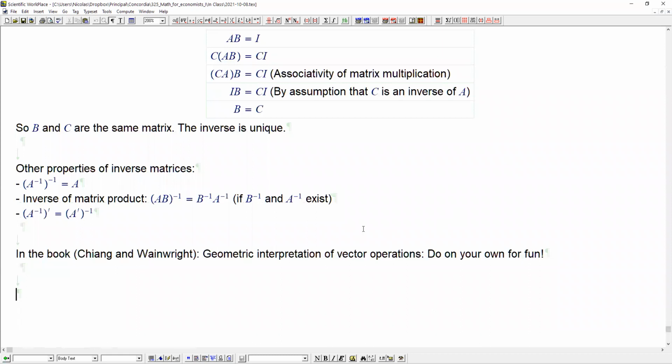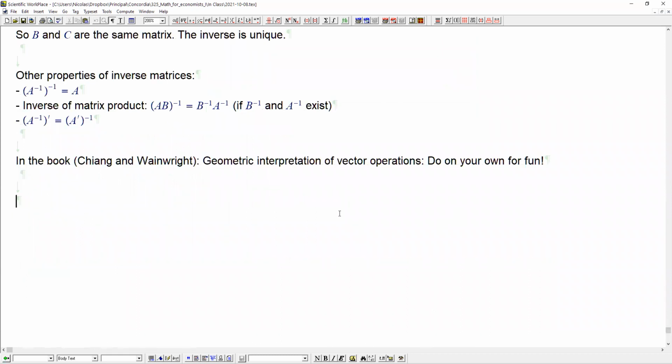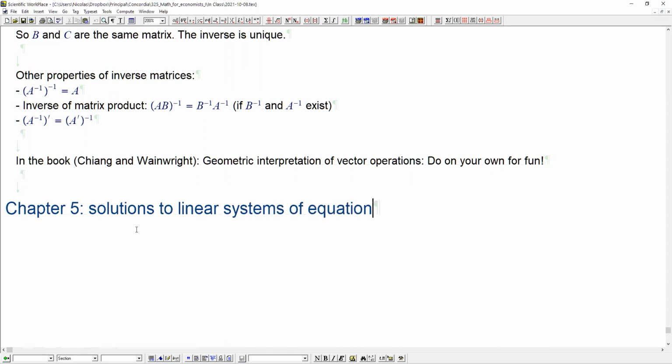So if we're good, let's go ahead and continue. Chapter 5, which I have titled Solutions to Linear Systems of Equations.